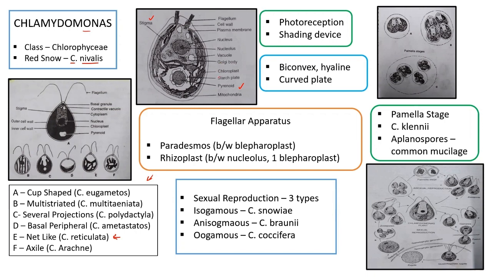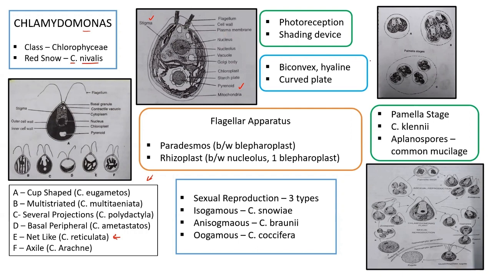Apart from this, there is one flagellar apparatus that provides motility to this chlamydomonas, and it composes of paradesmos, and that lies between the two blepharoplast, whereas rhizoplast lies between the nucleolus and one of the blepharoplast. Now, talking about reproduction in chlamydomonas, then Palmella stage is very important in asexual reproduction.